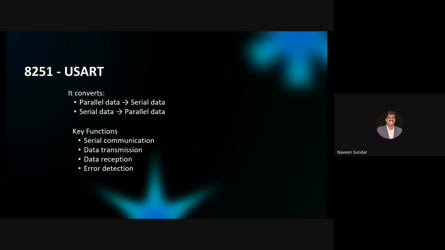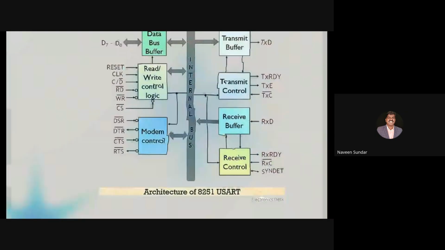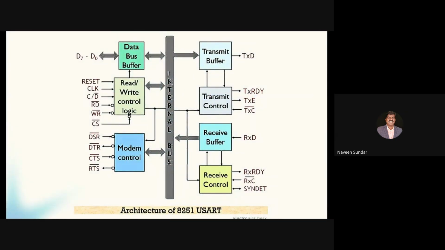Those are the main key functions. In the block diagram you can see the transmitter, receiver, modem, read write control logic and data buffer. These are the things you should be clear with.